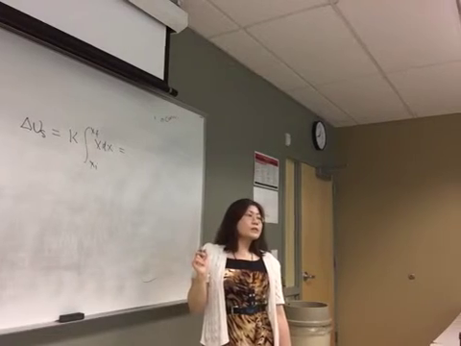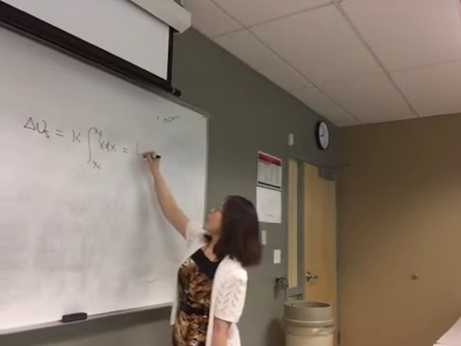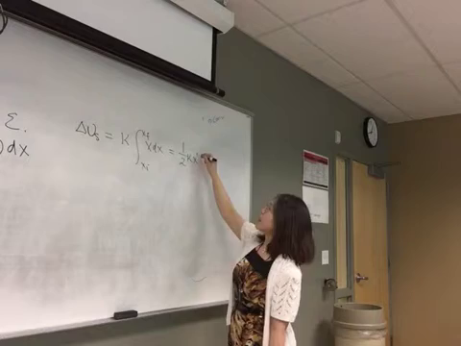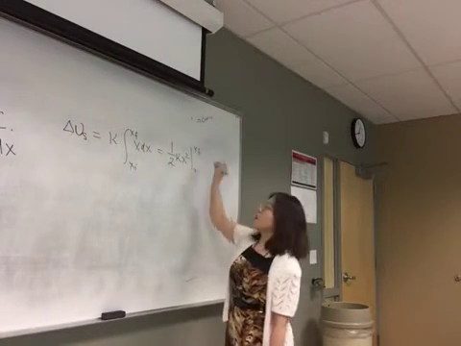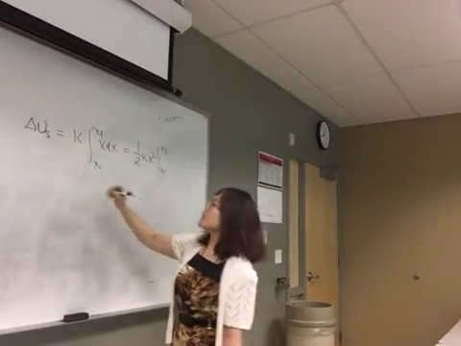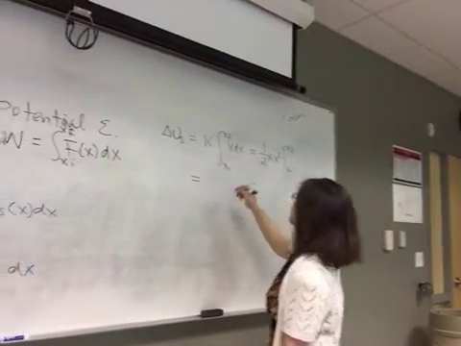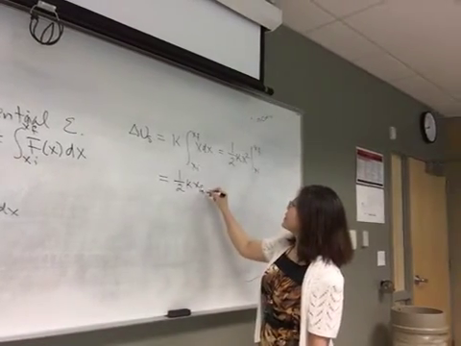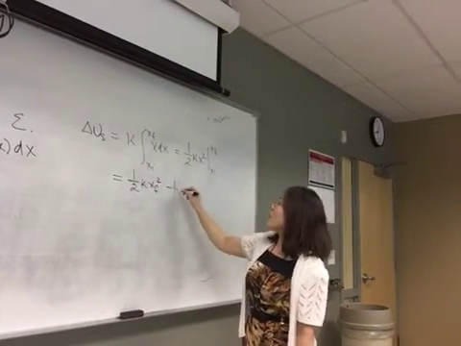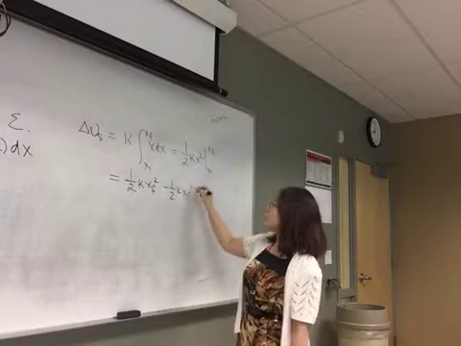It is 1/2 x squared, right? So you have 1/2 k x squared over the range xi to xf. So we plug in the boundaries: on the right-hand side, you have 1/2 spring constant times the final position squared minus 1/2 k times the initial position squared.